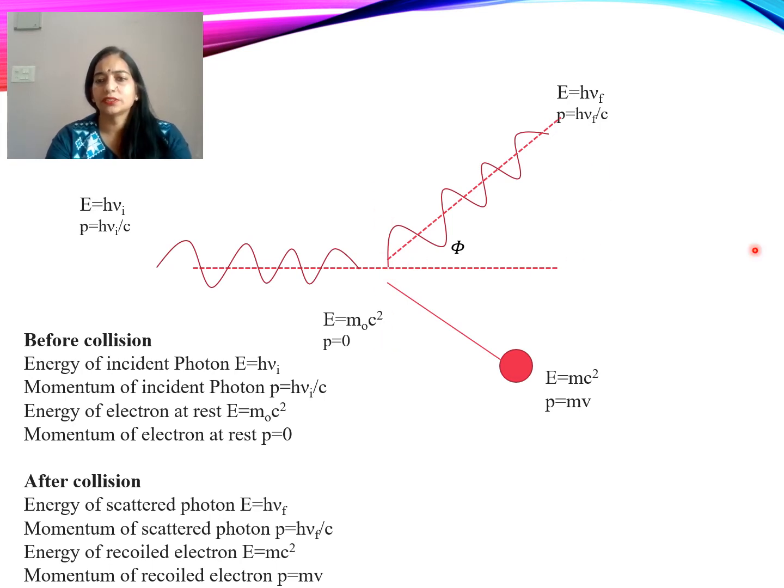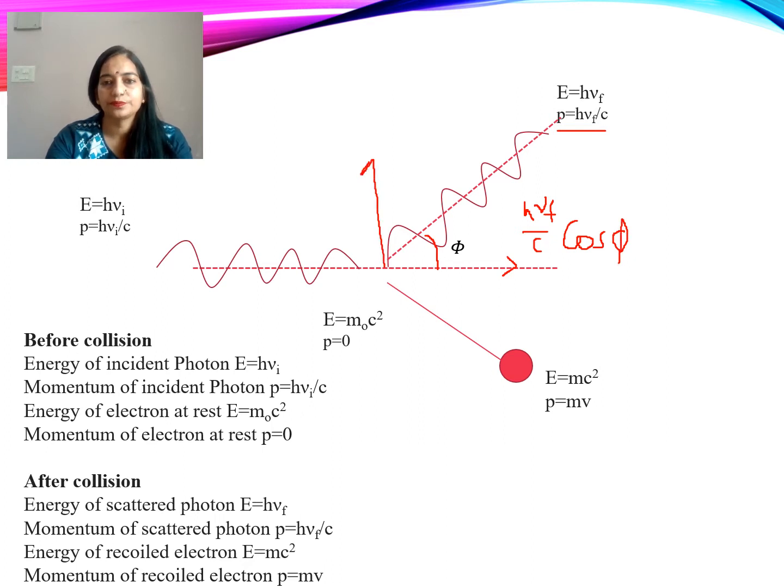Let's see how we divide the components of momentum. This is the momentum of the photon. So along this direction momentum is h nu f upon c cos phi. And in the perpendicular direction, momentum is h nu f upon c sin phi.